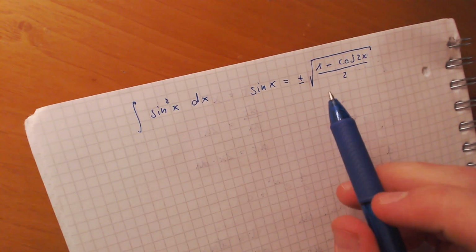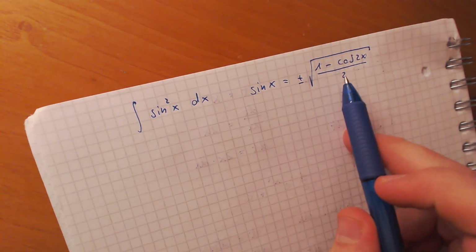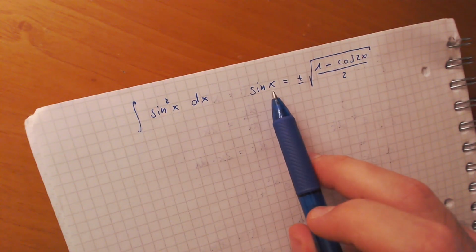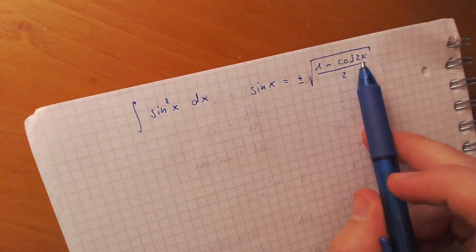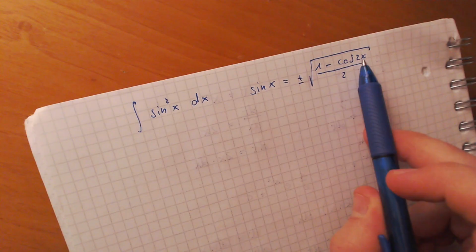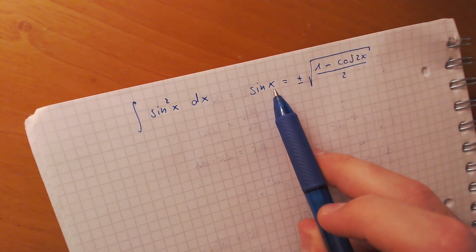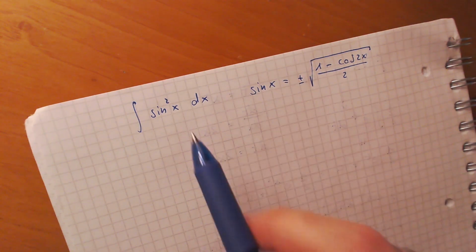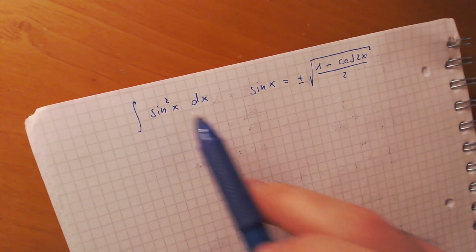So here basically with this relation we can change the angle starting from 2x going to x basically, but here we have sine squared of x.